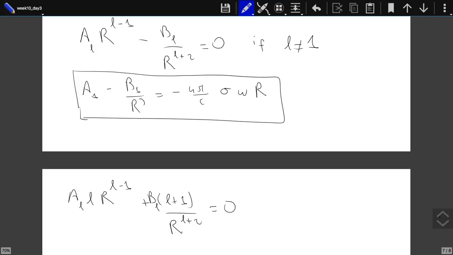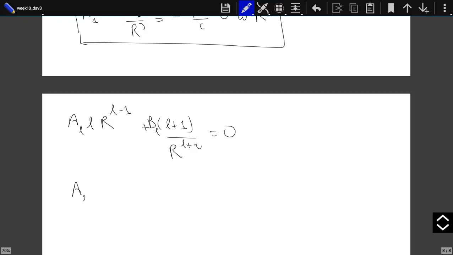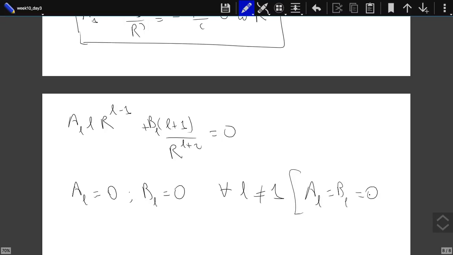So basically, if you just combine this last equation with the previous two, A L is equal to 0, B L is equal to 0 for all L different than 1. Only the L equal to 1 term will survive. Just a side note, A L equal to B L equal to 0 is wrong. A L and B L cannot be equal.